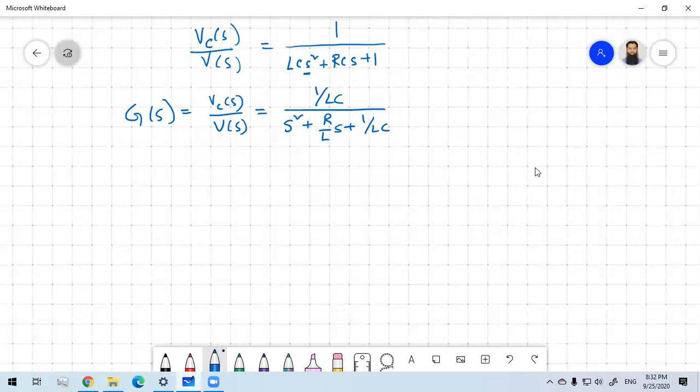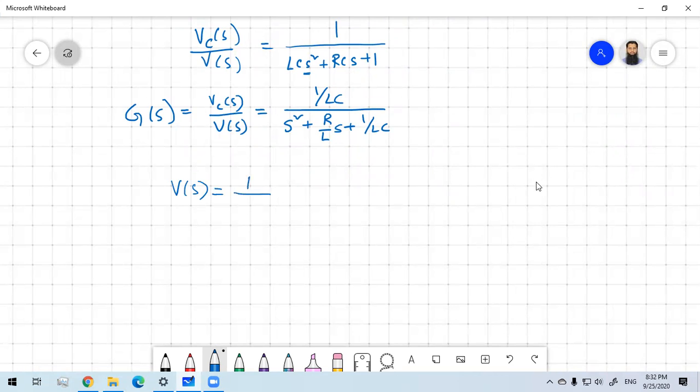So to make it more generalized and easier to deal with, what we can do is adopt a policy. You know what the voltage across the capacitor is. If we find it in the Laplace domain, the voltage across the capacitor is nothing but the impedance times the current.